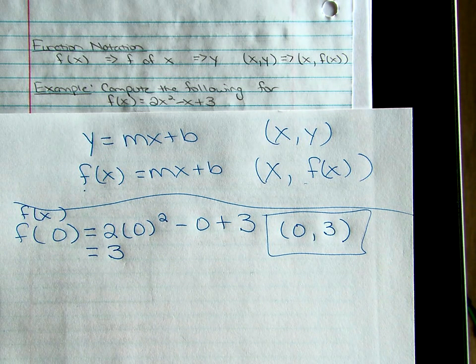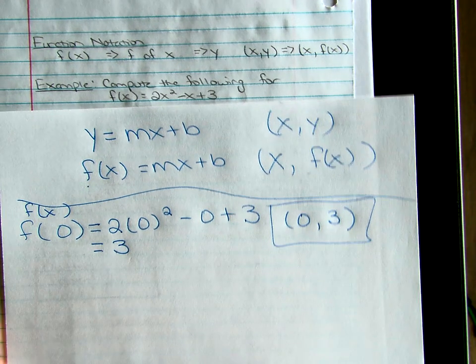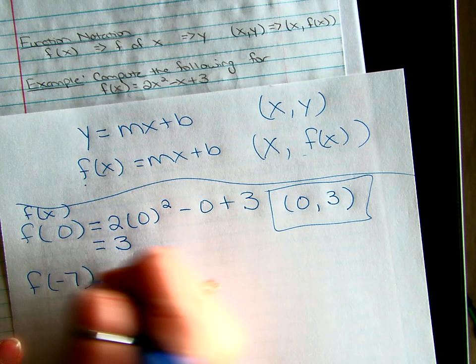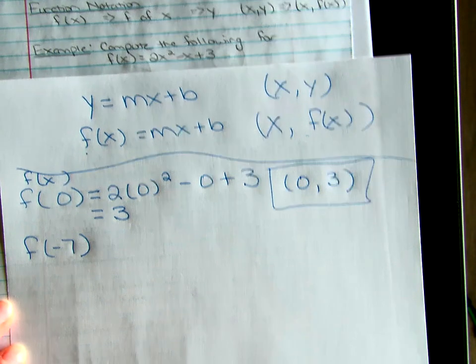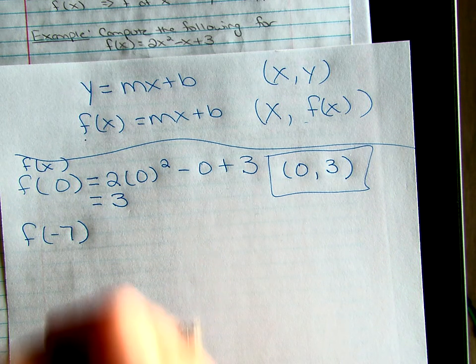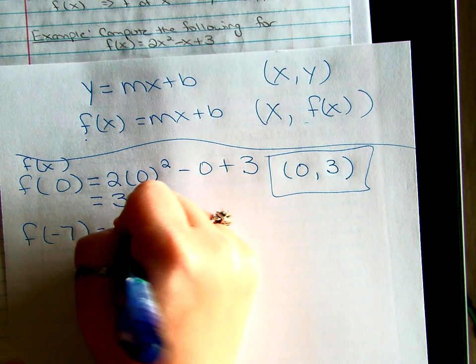Let's do negative 7, because this one is one that will trip a lot of you up. F of negative 7. So, same exact process. Anywhere in the original equation we have an x, we're going to write negative 7.